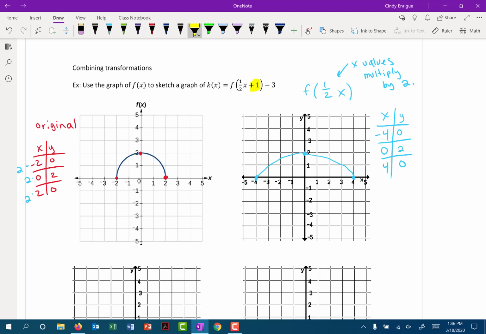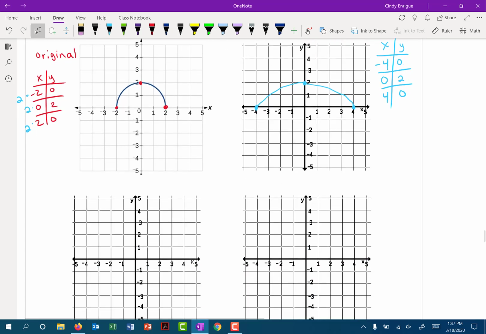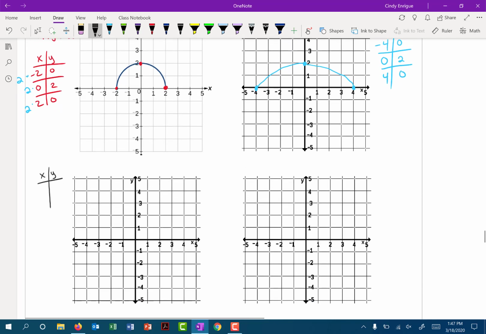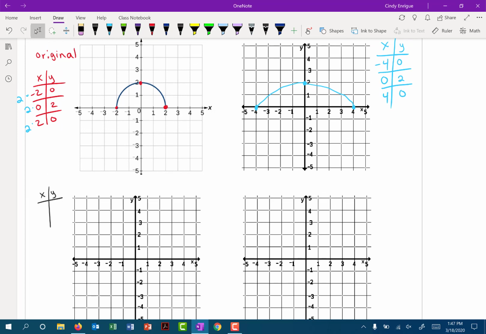So this +1 tells me to go to the left 1 unit. Okay, so I'm going to have my new x and y values. If I'm going to be moving everything to the left 1 unit, well, that means that my y values still stay the same. So I still have 0, 2, and 0.